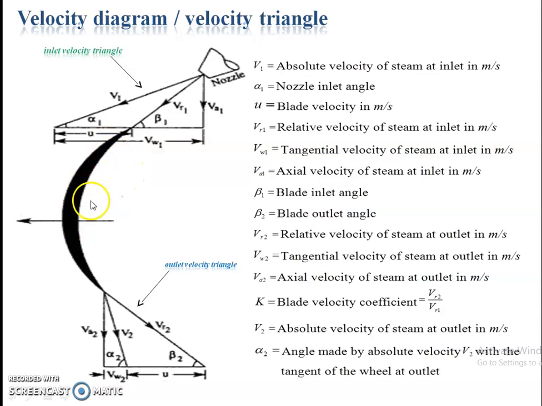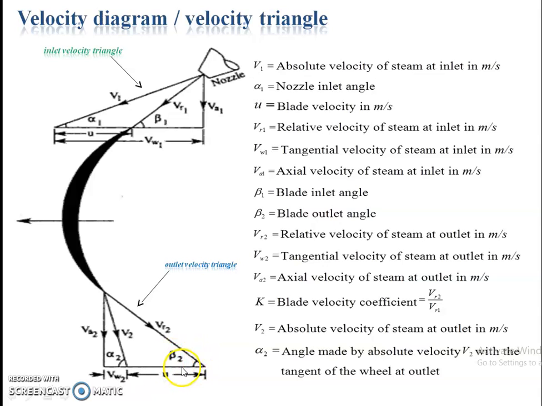Simultaneously, the steam glides over the blade without any shock and discharges at a relative velocity at an angle of alpha 2 with the tangent of the blades. The steam then leaves from the outlet velocity triangle. The absolute velocity is V2 at an angle of alpha 2.